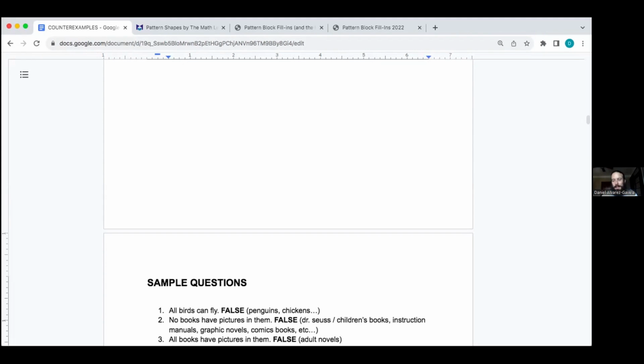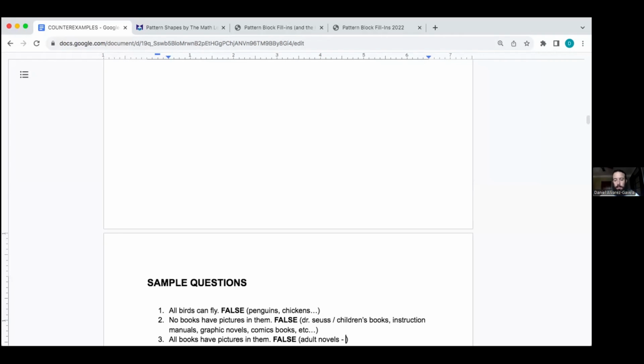Well, all books have pictures on the front cover. I don't know. I've definitely seen some books without pictures on the front cover. Sometimes you just have the title of the book on the front cover, maybe with some color. I agree, a lot of covers will have pictures, but definitely not all of them. Here, if I wanted to be really pedantic, I would actually need a specific adult novel, right?